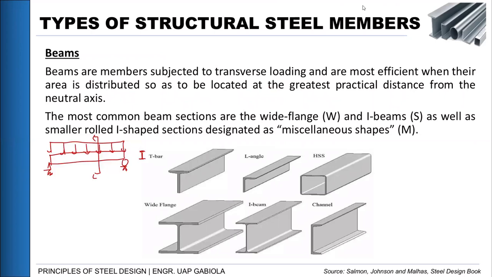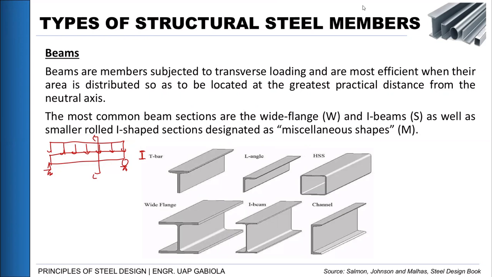Meaning the distributed load is in this direction. The most common beam shapes used are wide flange, I-beams, as well as the rolled I-shaped sections we call miscellaneous shapes, which are much smaller than the W shape and S shape sections.